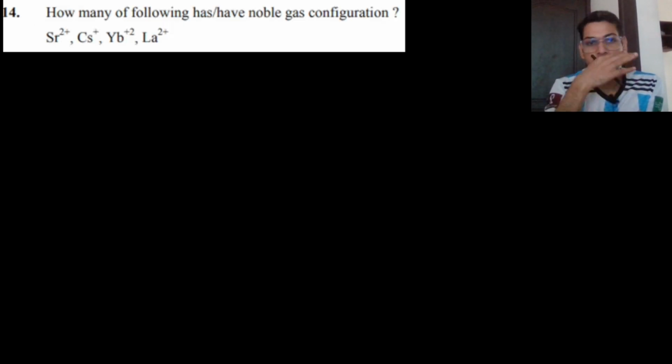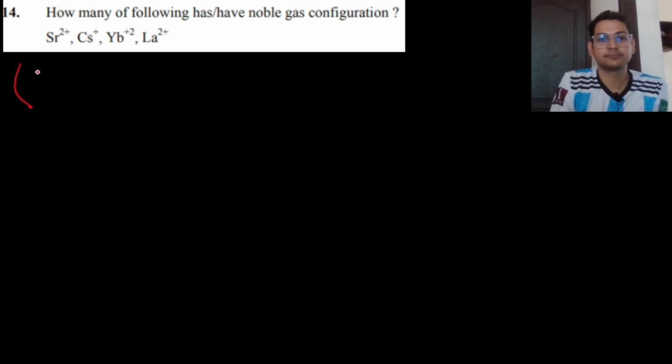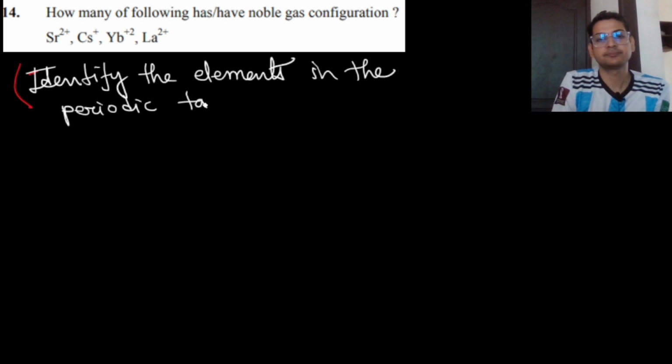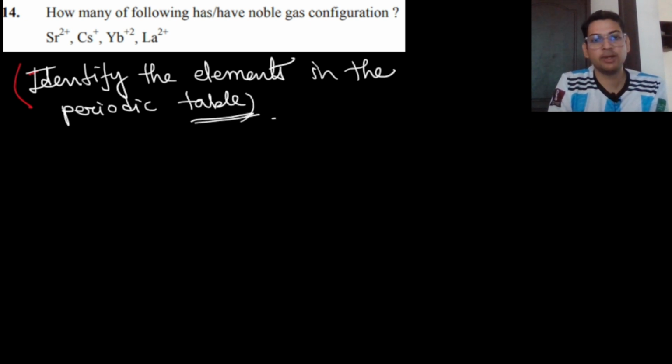Got it? Okay, now how many of them have the noble gas configuration? This is also quite easy. You have to identify the elements in the periodic table, where they are. So sir, first thing I can do is Sr2+.